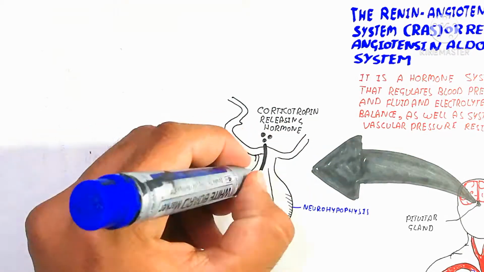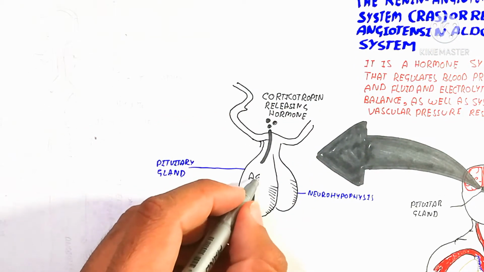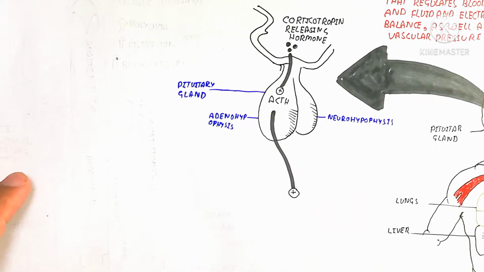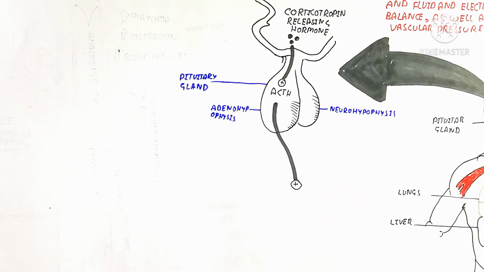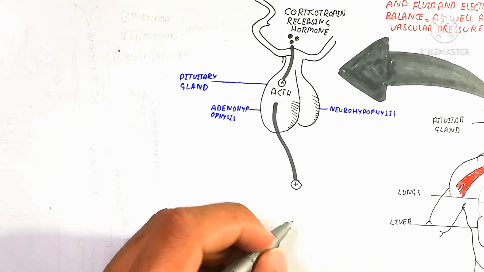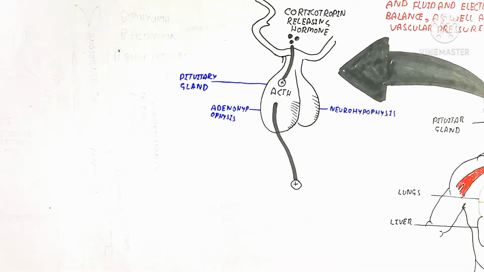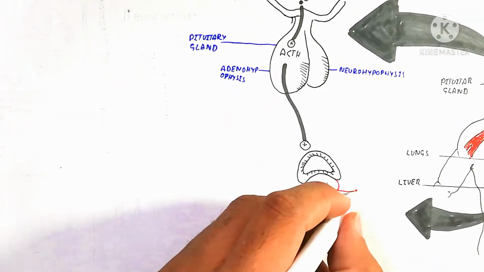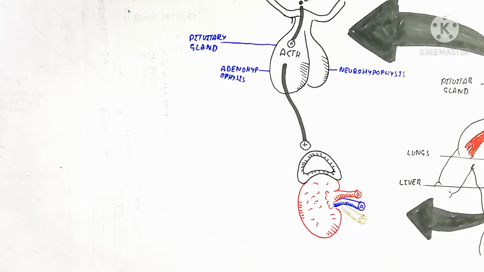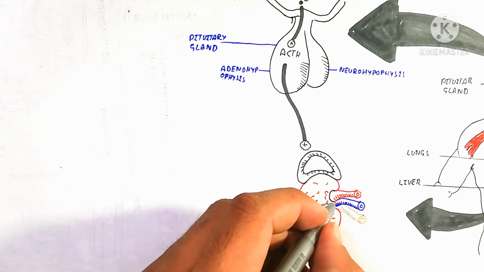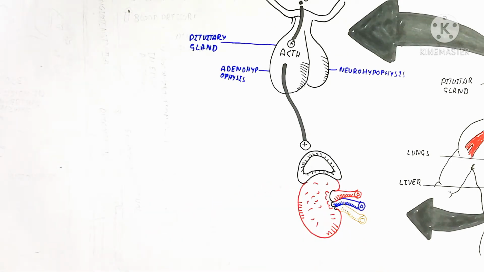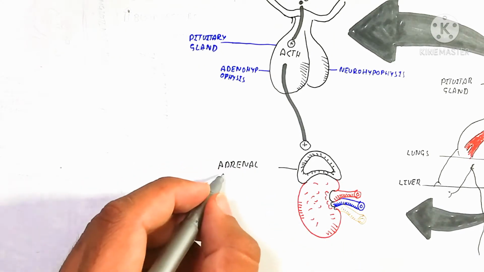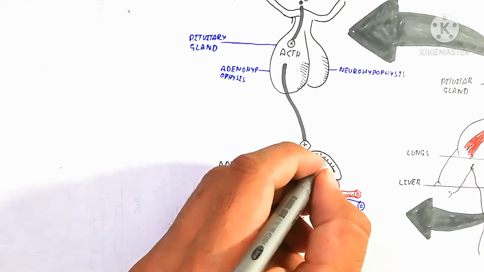So the hypothalamus uses corticotropin releasing factor, a neurosecretory endocrine system, which secretes the corticotropin releasing hormone to the anterior pituitary, the adenohypophysis, to release the adrenocorticotropic hormone, which stimulates the adrenal gland to produce aldosterone as well as other hormones, for example cortisol.